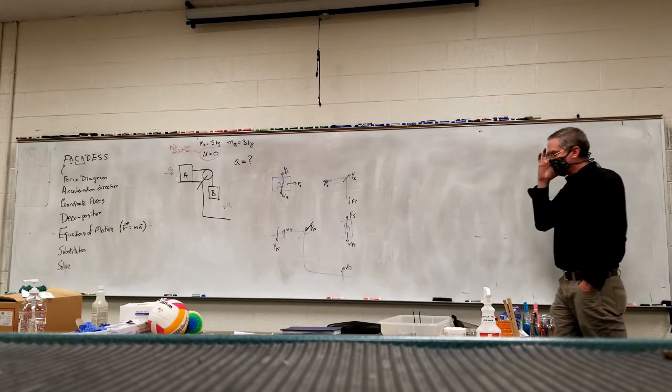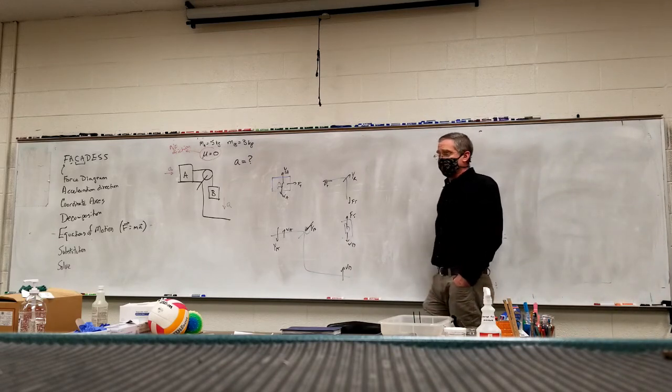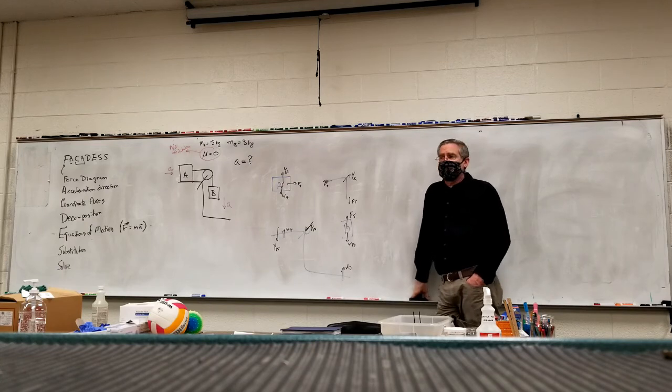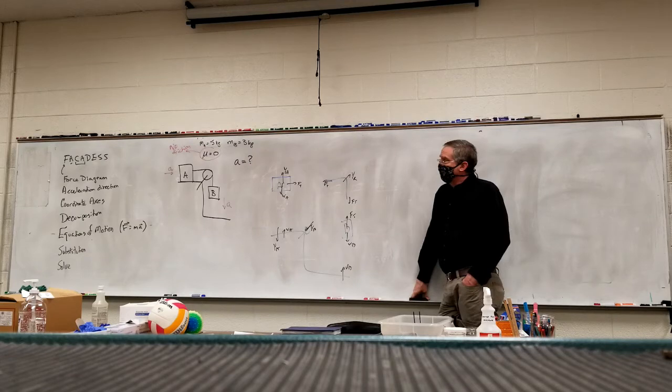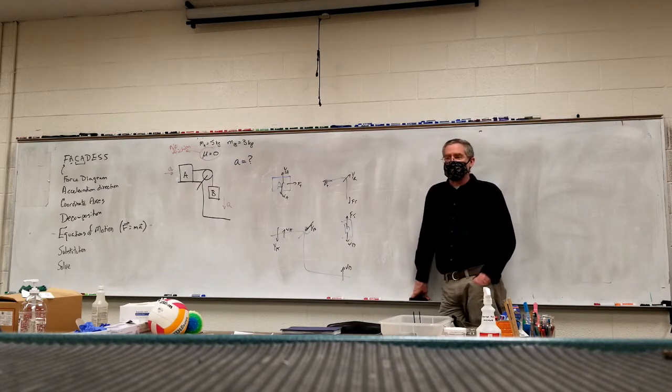Coordinate system: we don't need the same coordinate system for both of them. They can each have their own special coordinate system. I strongly recommend, especially if velocity and acceleration are in the same direction, that one of your axes is positive in that direction.